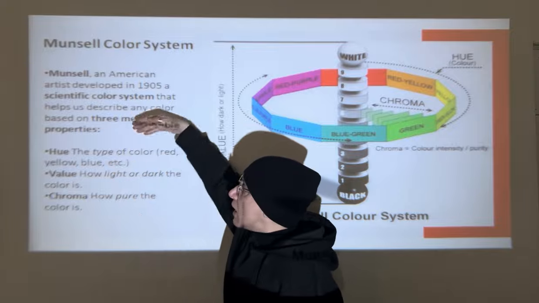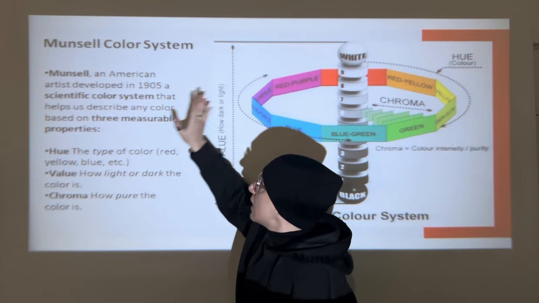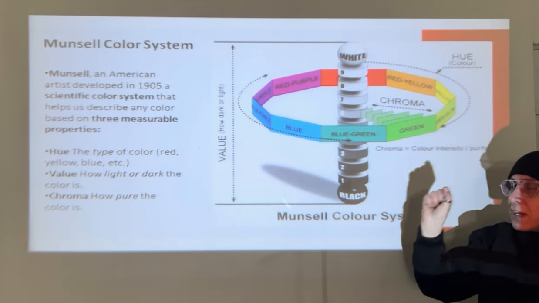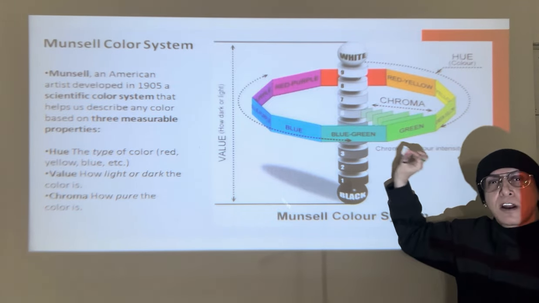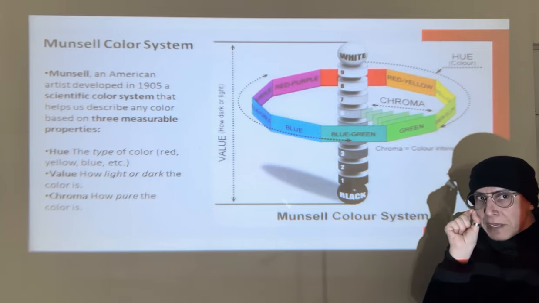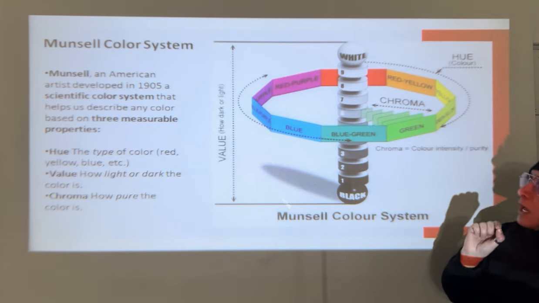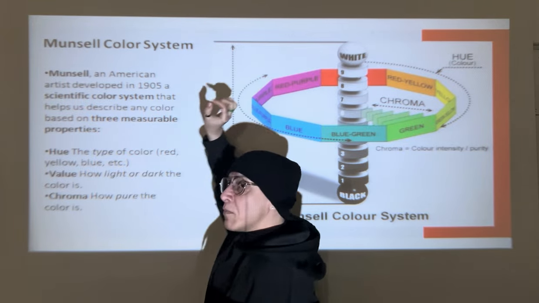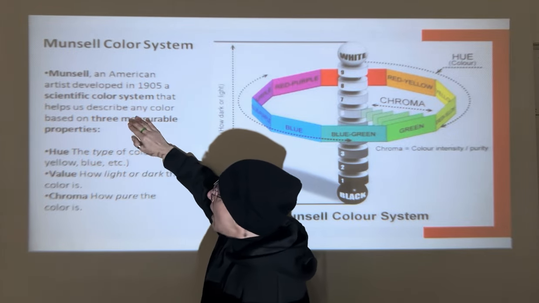It's used in a lot of fields because it's very scientific, and every color has a number to it, a specific number. So when we refer to any color, it's according to this system with a number, okay?